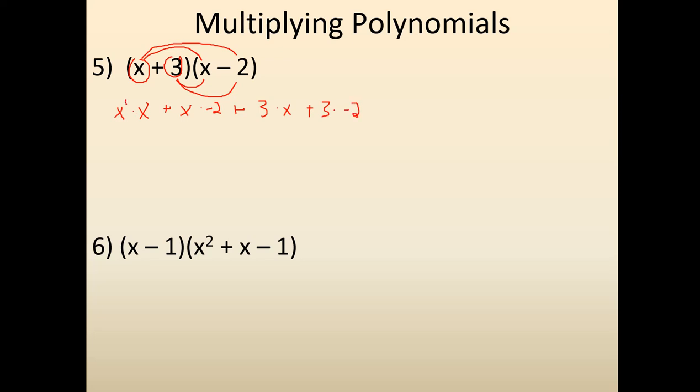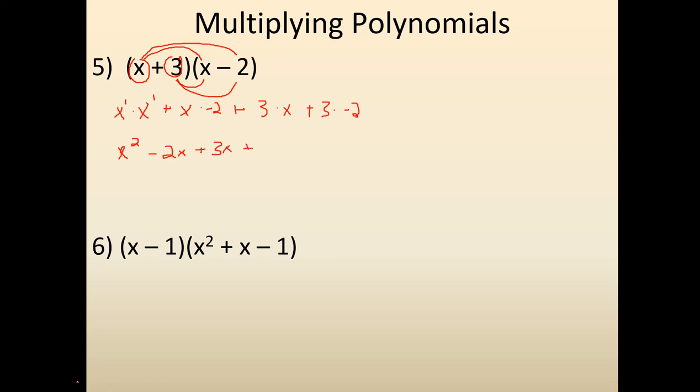So cleaning this up, x times x gives me x squared. This gets me negative 2x plus 3x.